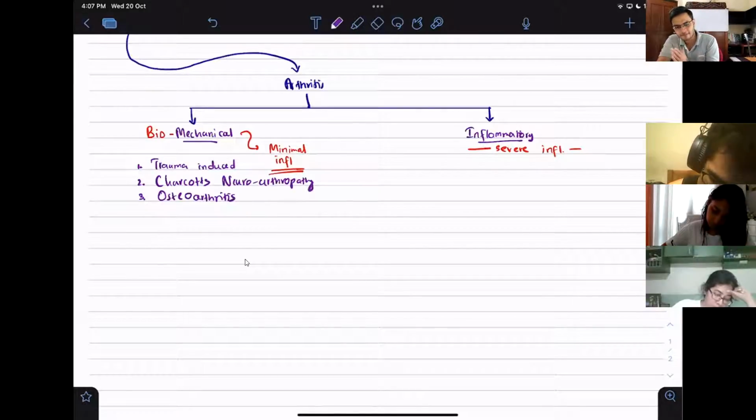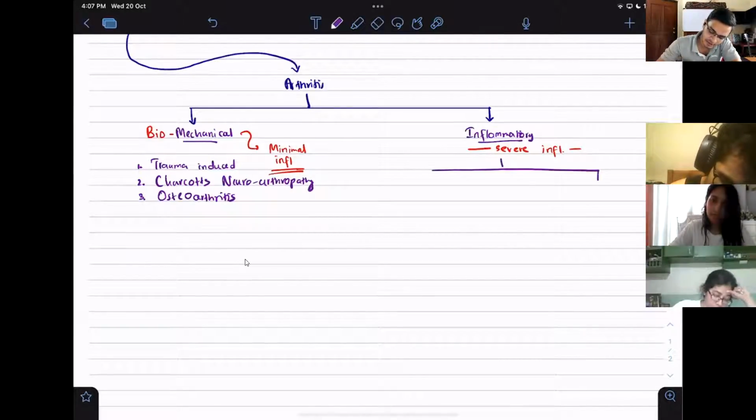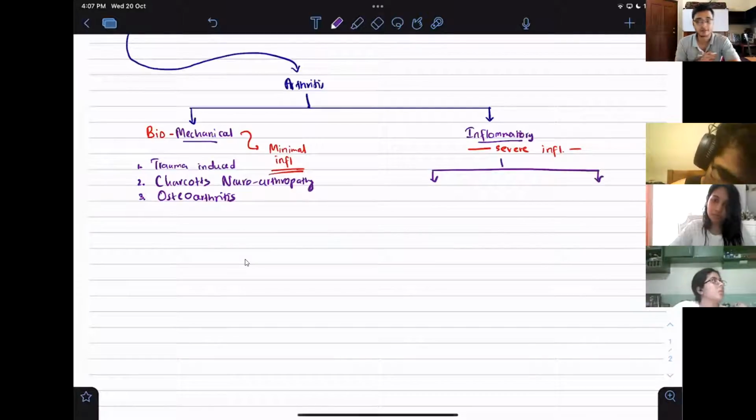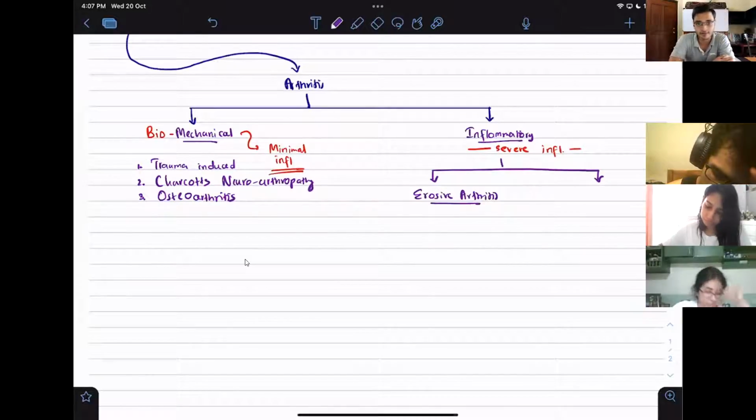Then on the inflammatory side, we can break this down into two, guys. We are not going to discuss these in depth, but just to get over with the classification: erosive arthritis and infective arthritis.